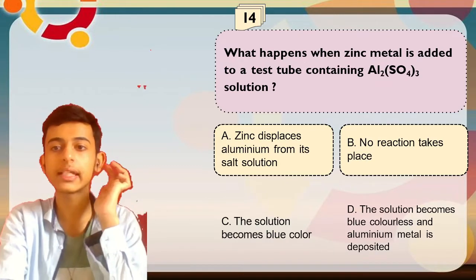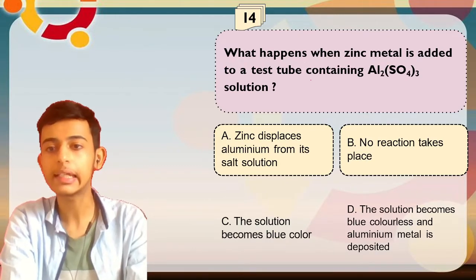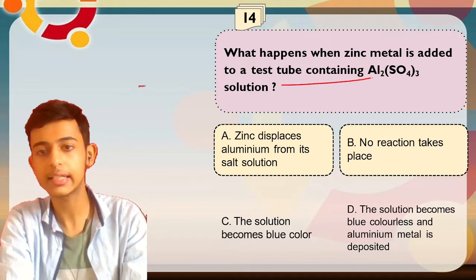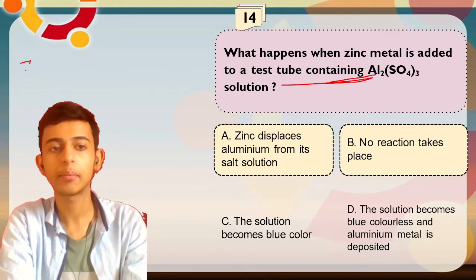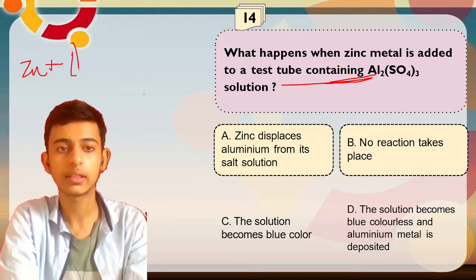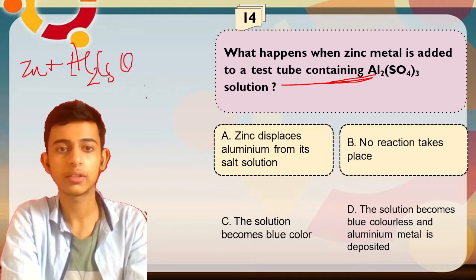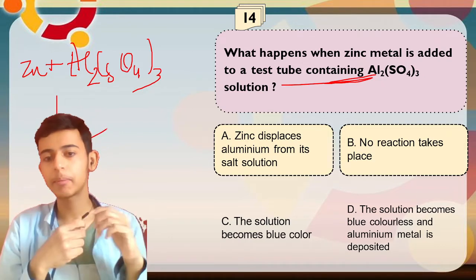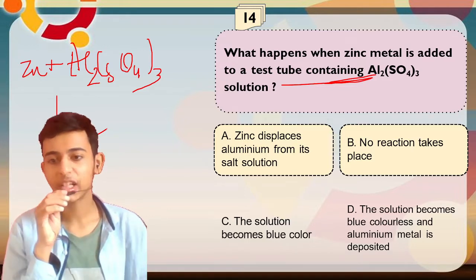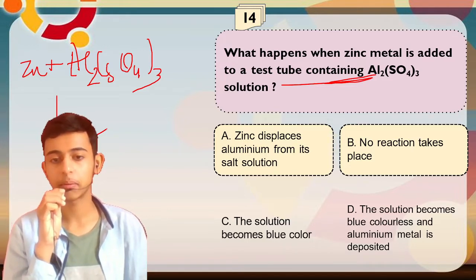14th. What happens when zinc metal is added to a test tube containing Al2(SO4)3, that is aluminium sulfate? Tell me. Zinc displaces aluminium from its salt solution. No reaction takes place. The solution becomes blue.